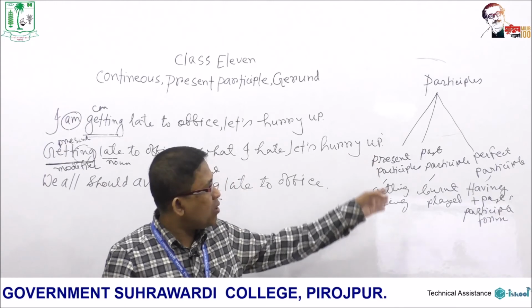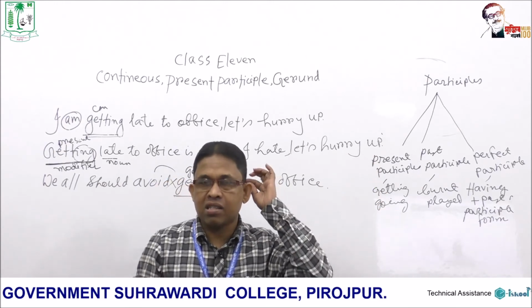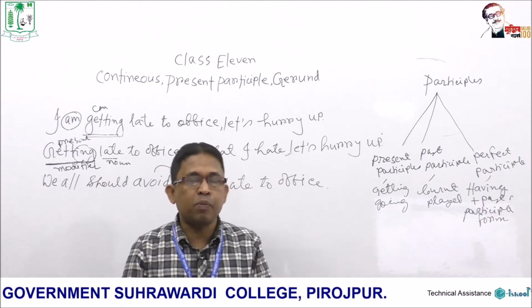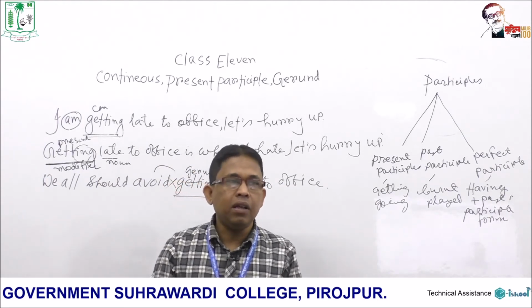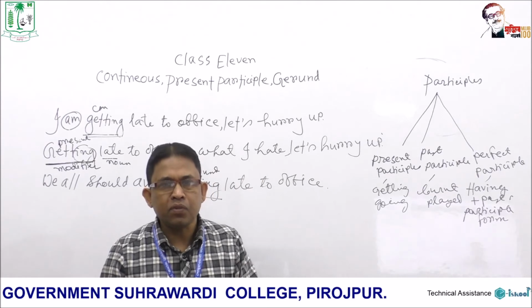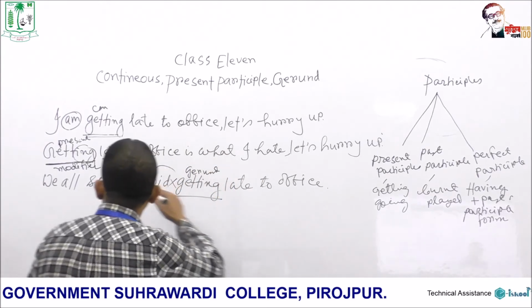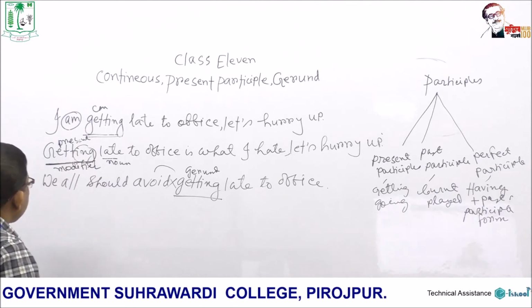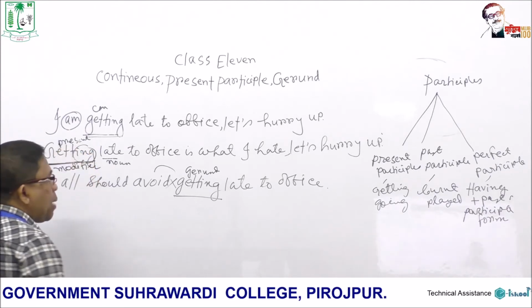Okay, we will explain all these things in our future classes. Just remember now that participles are of three types, that is present participle, past participle and perfect participle. Anyway, so this is the present participle, and then I can also give some other examples.